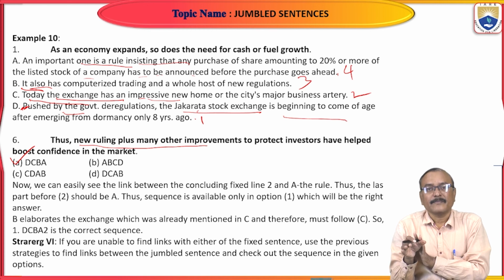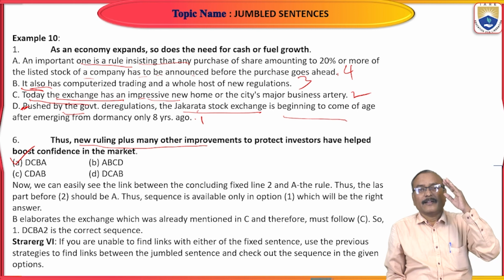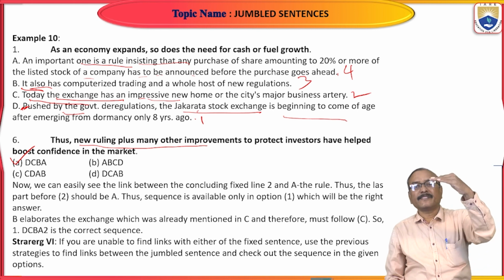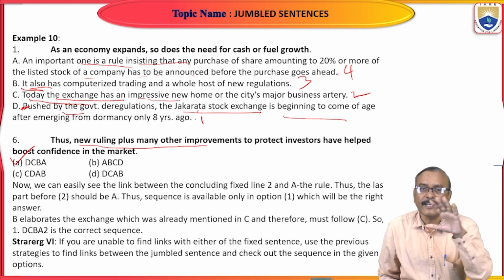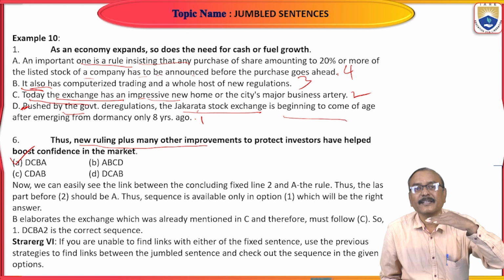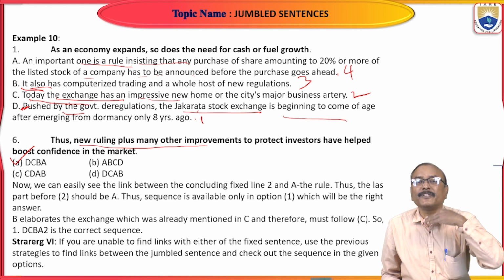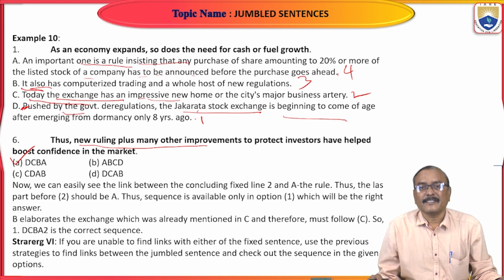Is it clear? However, you need to remember, first the statement comes, then only the example comes. In any paragraph, the first statement is followed by examples to defend the statement. This is one, right? Is it clear?